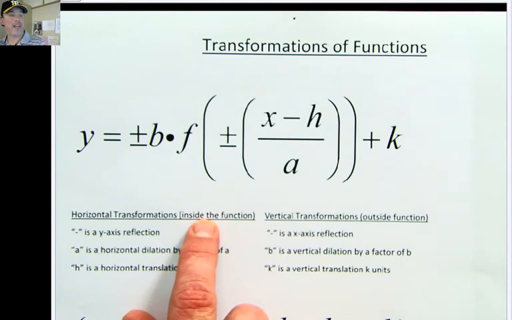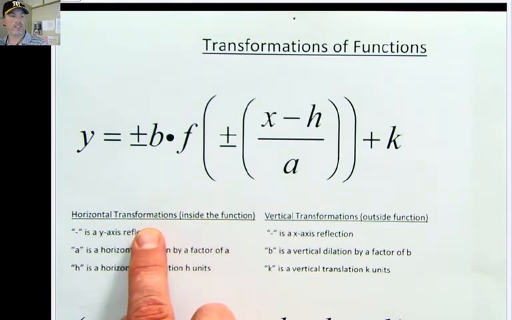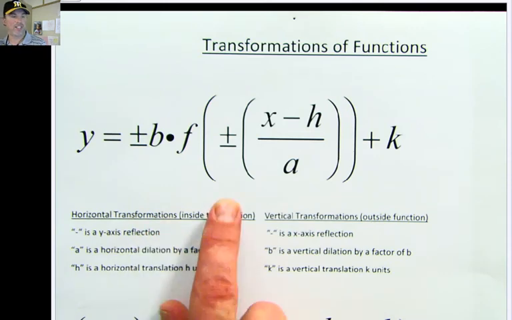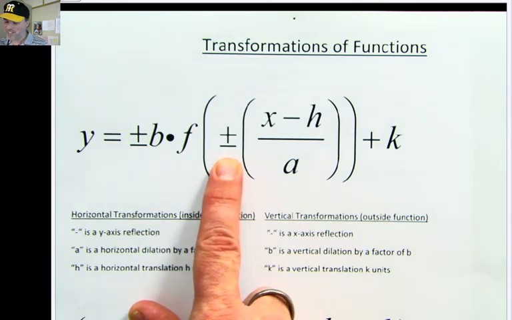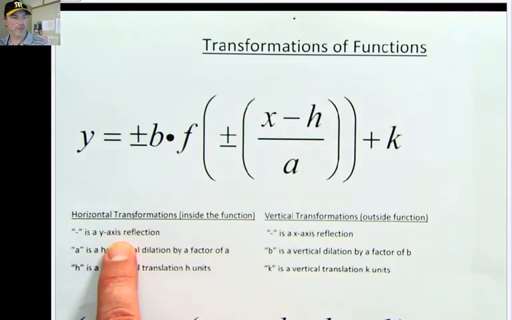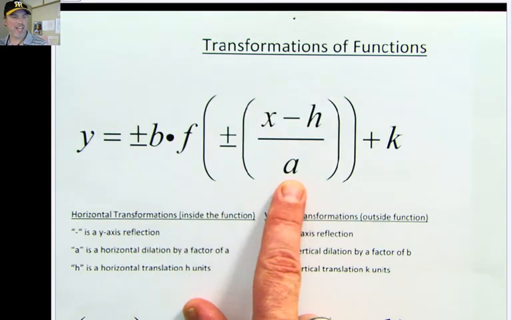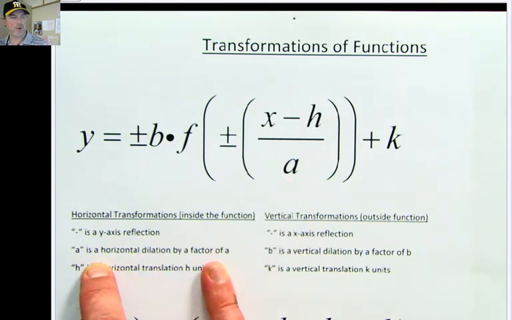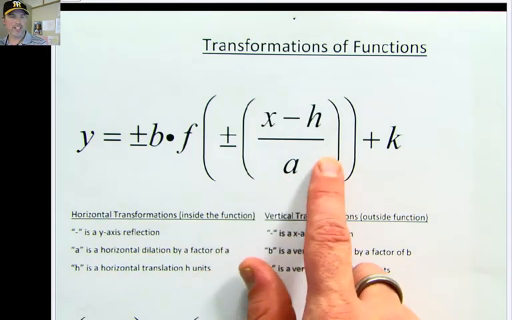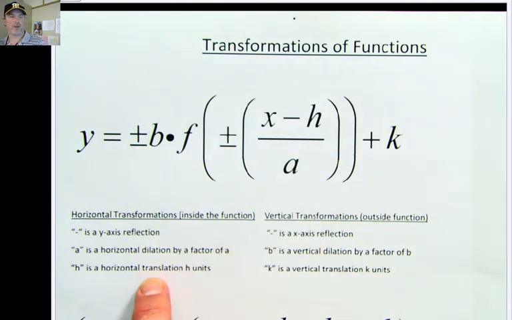Whereas anything going on inside of the function is going to be a horizontal transformation and affect the x-coordinates. If you have a negative on the inside, a negative x, that is a y-axis reflection. This a represents a horizontal dilation by a factor of a. And this h represents a horizontal translation of h units.